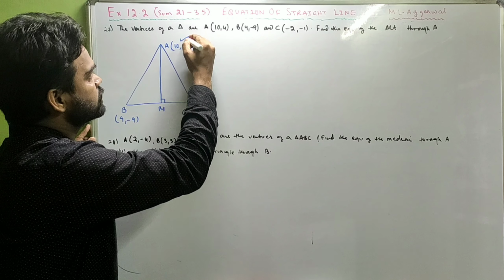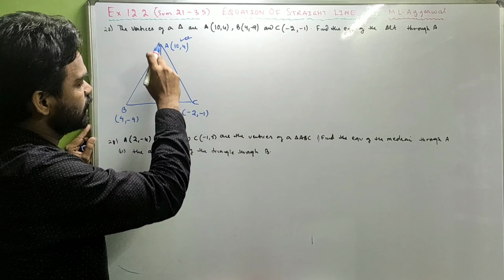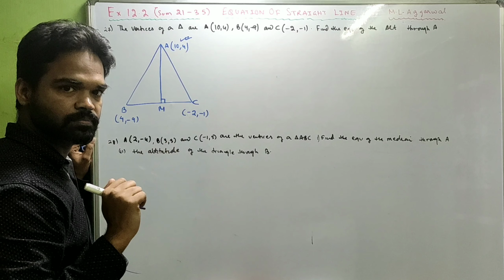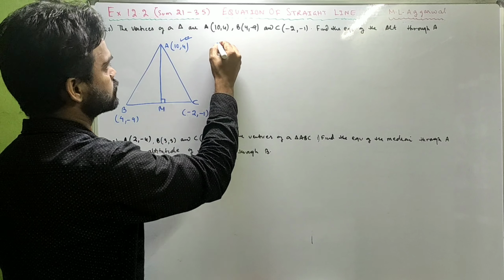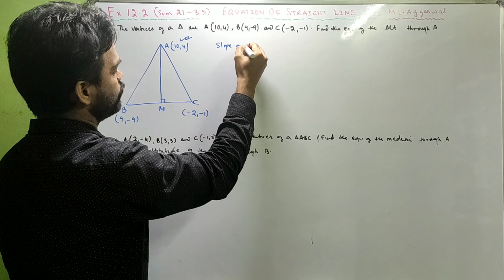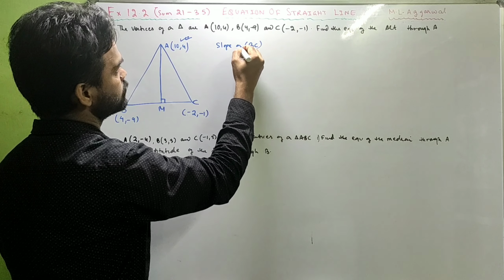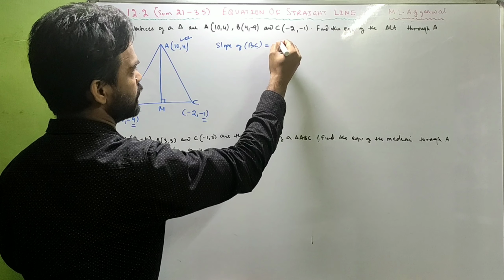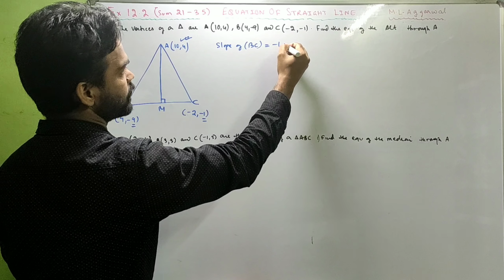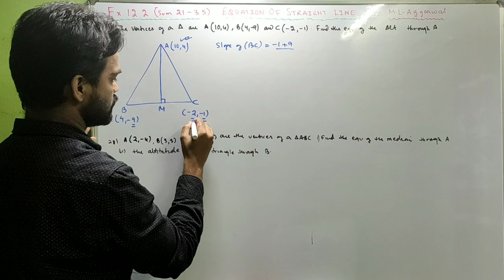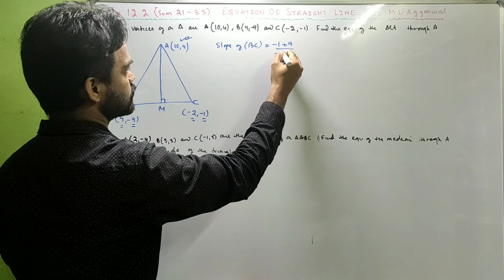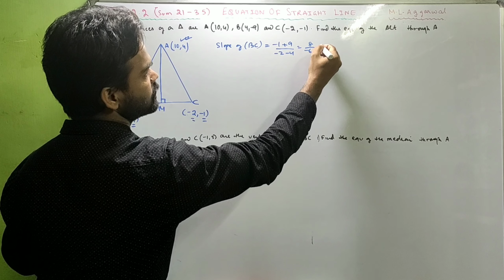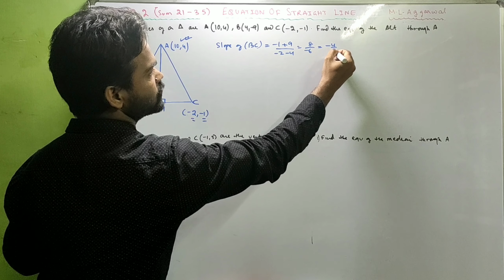We know a point and AM is perpendicular to BC, so there is a relationship between their slopes. First, slope of BC, same, y2 minus y1, that's minus 1 minus of minus 9 is plus 9, by x2 minus x1, that's minus 2 minus 4, that's 8 by minus 6, that's minus 4 by 3.